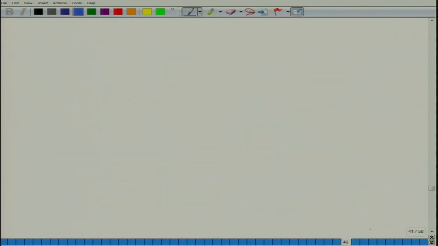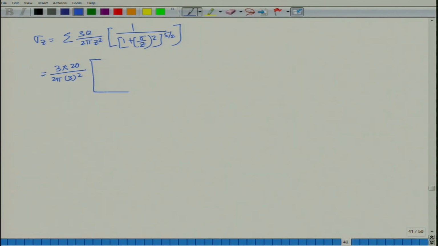Now, we just sum it up. The summation will be sigma z is equal to the summation of 3q by 2 pi z squared into 1 by (1 plus (r by z) squared) to the power 5 by 2, and this comes out to be, if I write it, 3 into q, which is 20, over 2 pi into z squared, which is 3 squared, into: 2 by (1 plus 0.507 squared) to the power 5 by 2, because there are 2 cases.